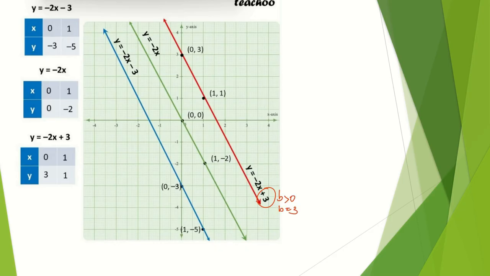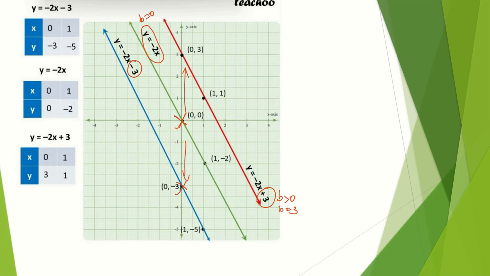So the y-intercept is above the origin. Here the second part, this graph y is equal to minus 2x, b equal to 0. That's why it goes through the origin. Now here negative 3 in the third graph, so it cuts below the origin.